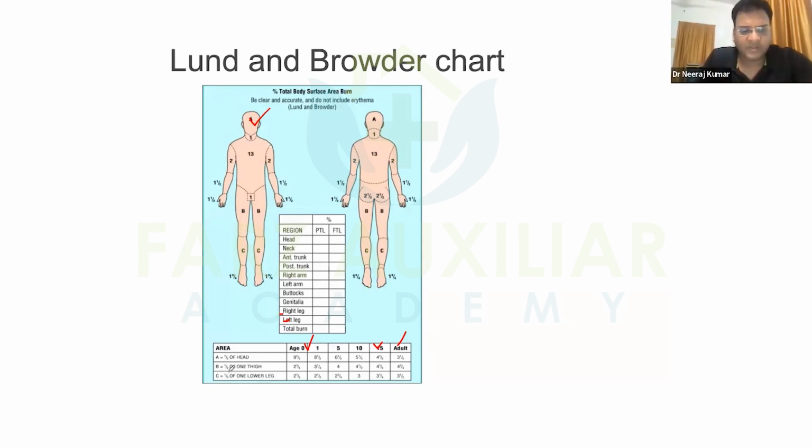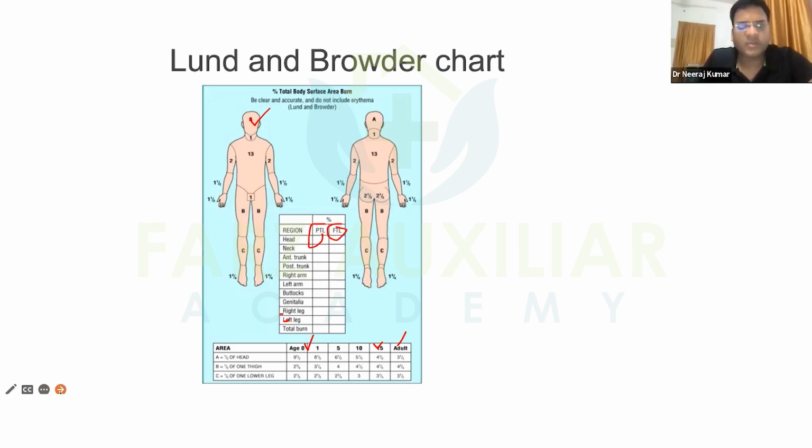Similarly, B is one half of one thigh. So half of the thigh is to be calculated for both the right as well as left side. This is partial thickness and this is full thickness.